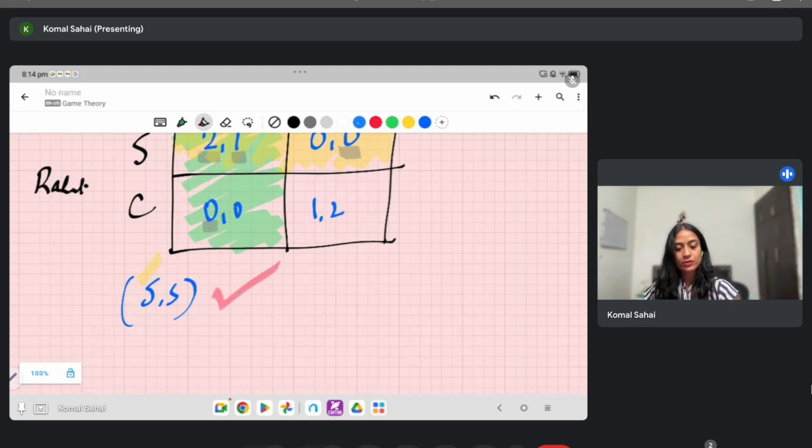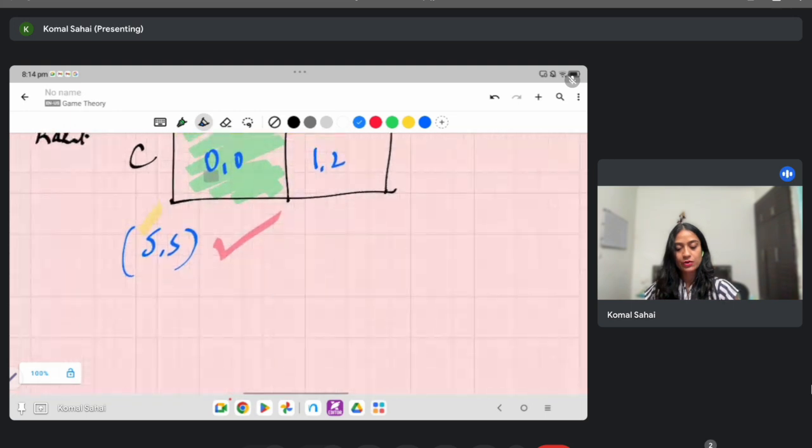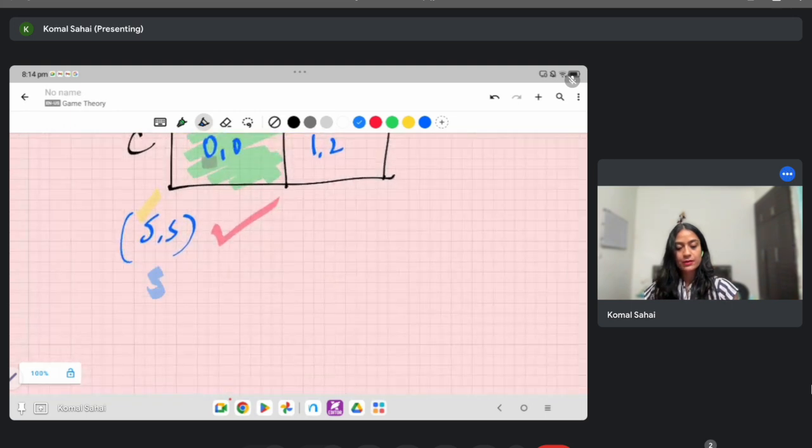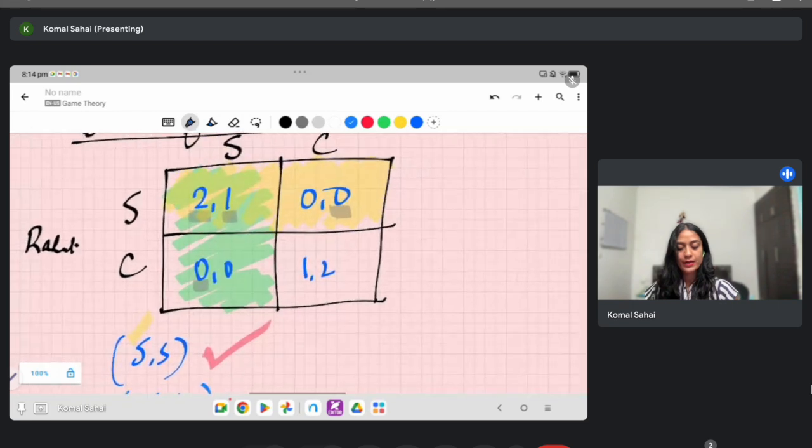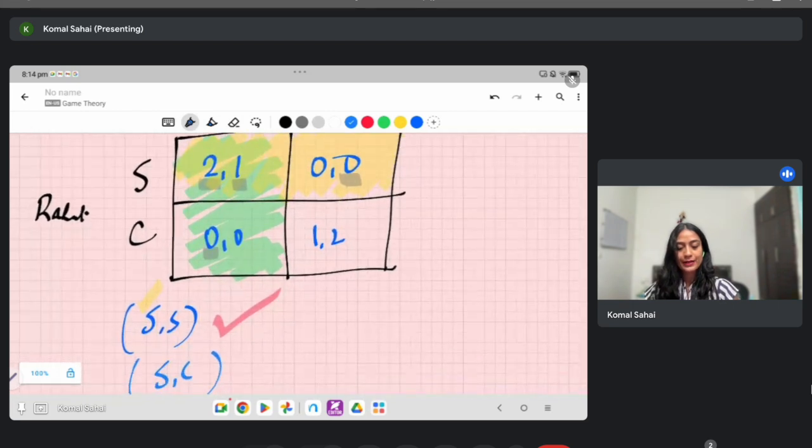Now let's take another one. The other option is S, C. One is going to clubbing, one is going to stand up. Let us look at the case from the point of view of player 1, where player 2 is going clubbing.